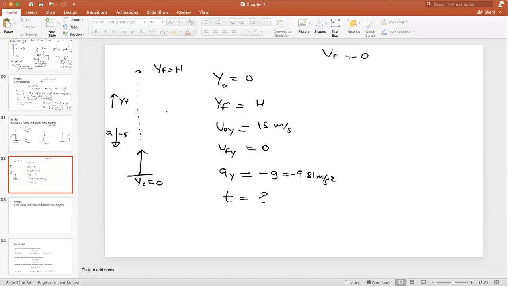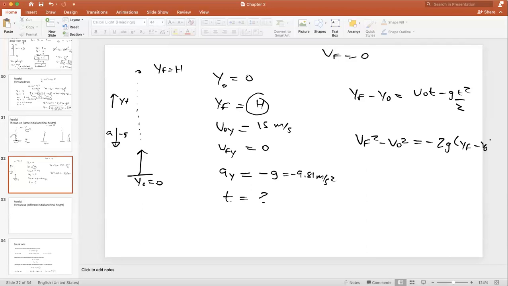Out of all this, we can find h. So y final minus y initial is v naught t minus gt squared over 2. That doesn't help us because we have the t's in here and I don't want to deal with those t's. I want to find h. v final squared minus v initial squared is equal to minus 2g times y final minus y initial, but y final is h, y initial is 0, v initial is 15, and v final is 0 at max height.